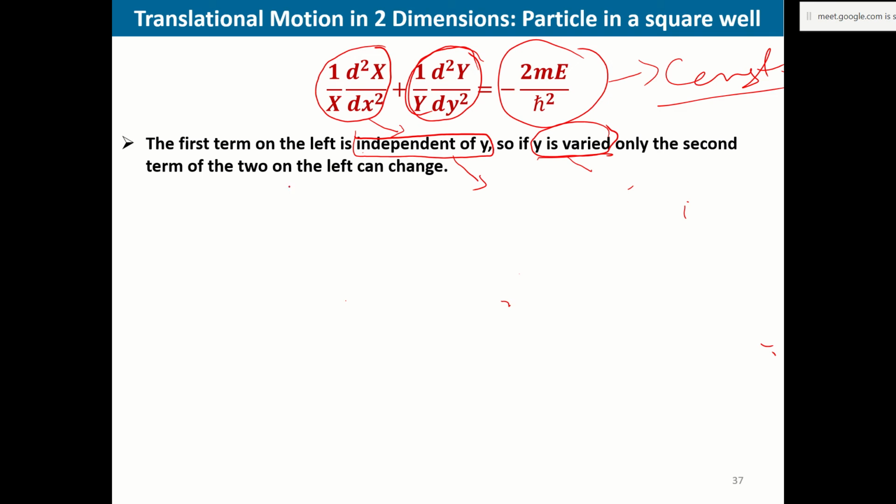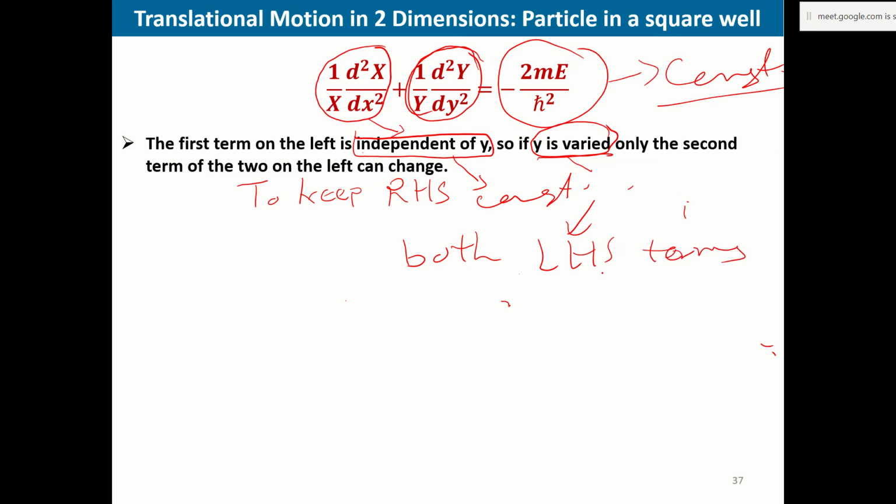To keep the RHS constant, both the LHS terms, the left hand side terms, must be kept constant.